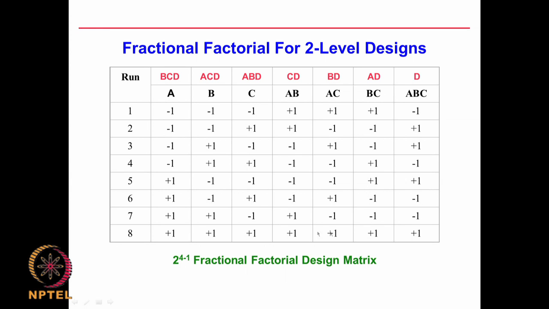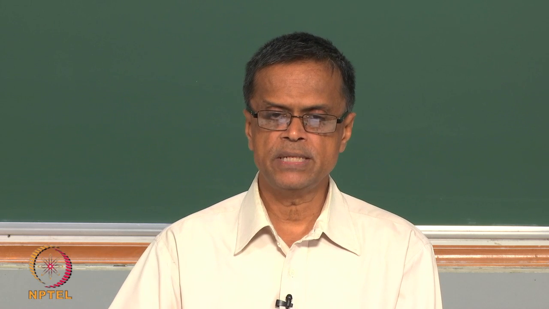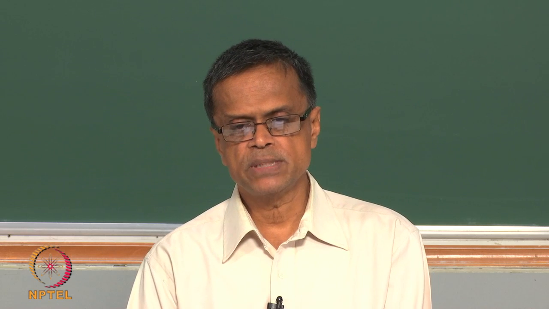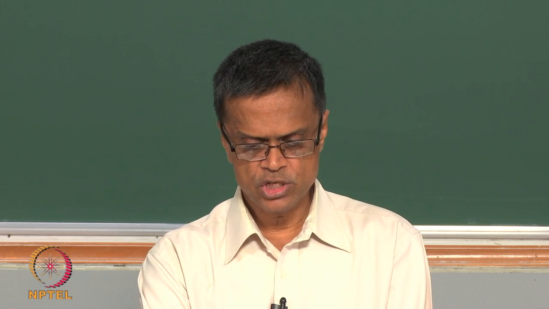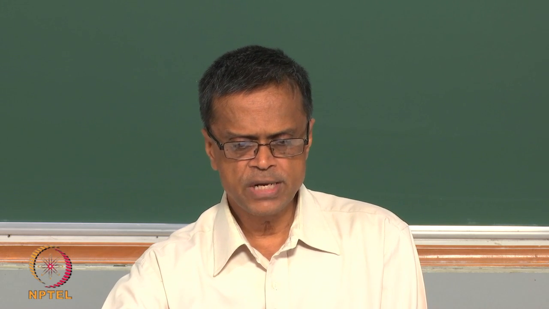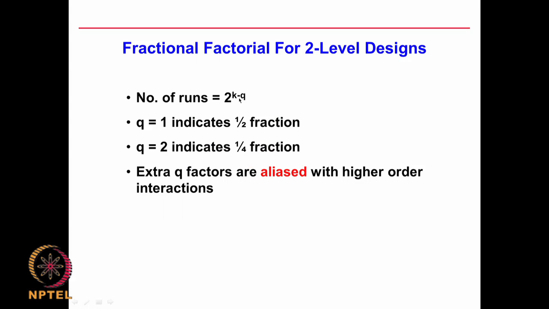Otherwise this is a very good sort of a screening design for 4 parameters or 4 factors. Instead of doing 16 experiments, I am doing only 8 experiments, okay. And this is called a 2 raised to the power 4 minus 1 fractional factorial design. So, number of runs is equal to 2 raised to the power k minus q.